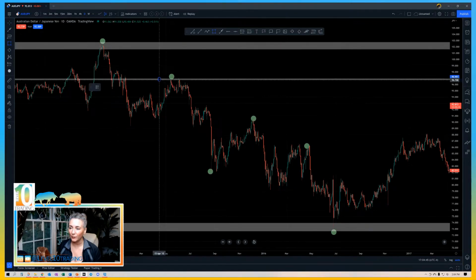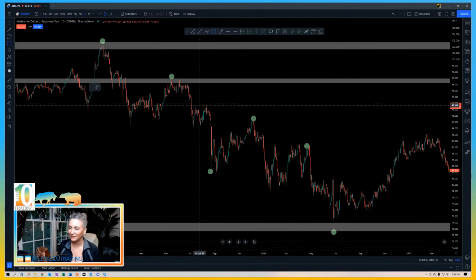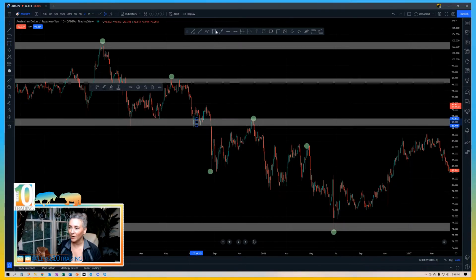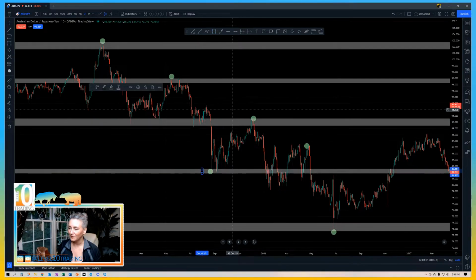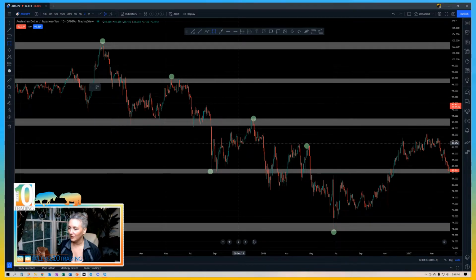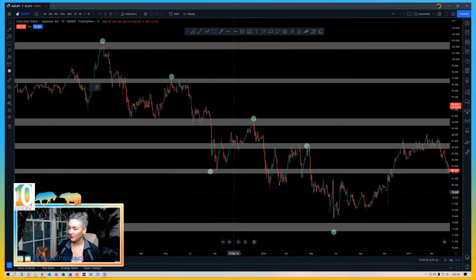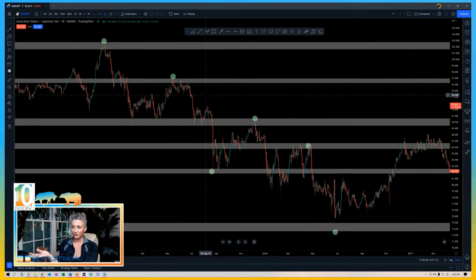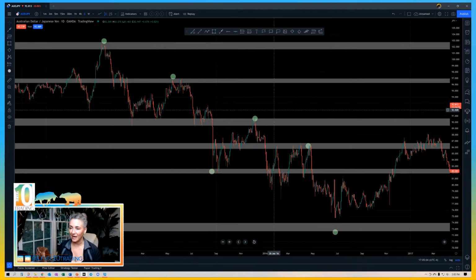If we just draw zones where we saw these market reactions here and here, and we already drew one at the bottom, all I did was mark up some swings that I saw in the market, these areas.